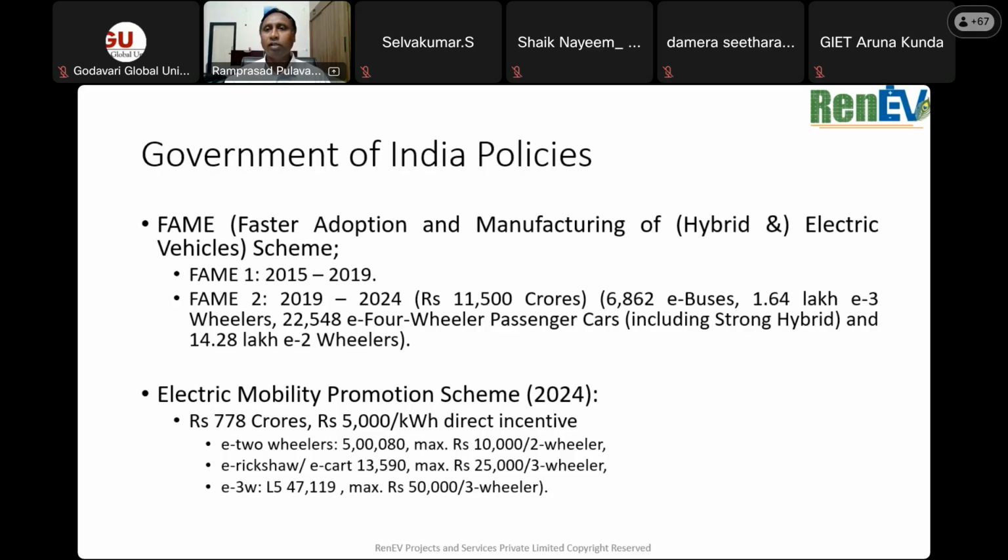And the maximum number was seen in two-wheelers, around 14.28 lakh vehicles.